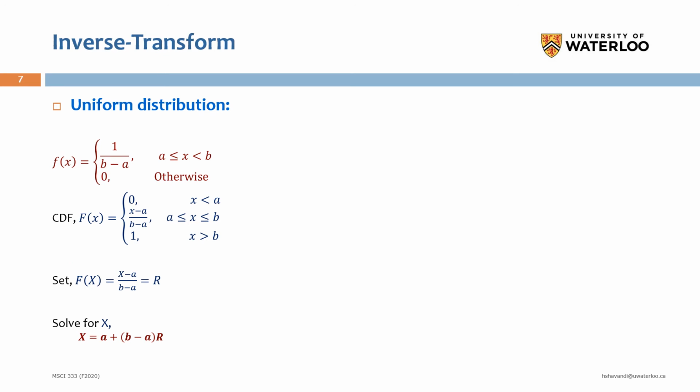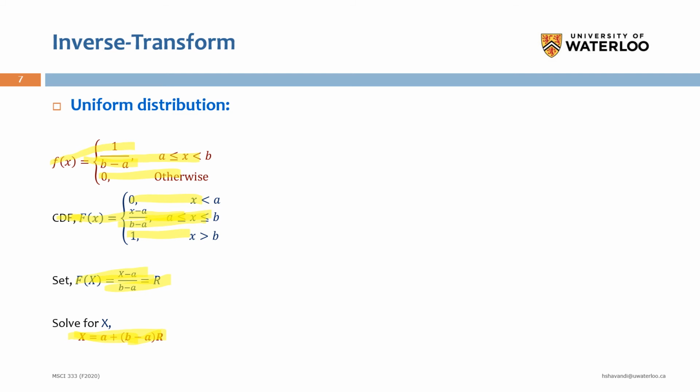Here we have more examples, starting with the uniform distribution. This is the PDF of the uniform distribution. Again we obtain the CDF, set it equal to a random number, and solve this equation for x, so we have this equation for generating a random variate from a uniform distribution.